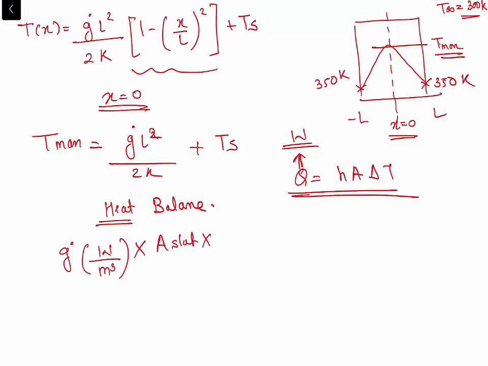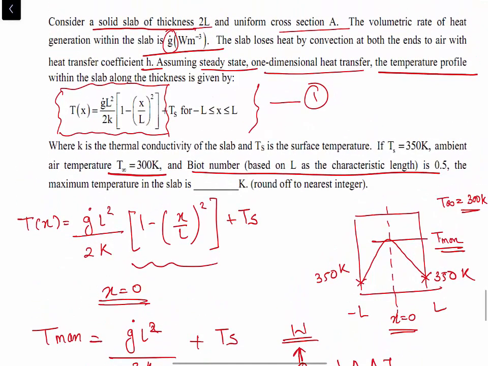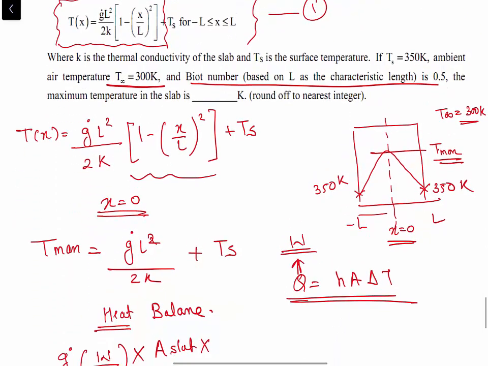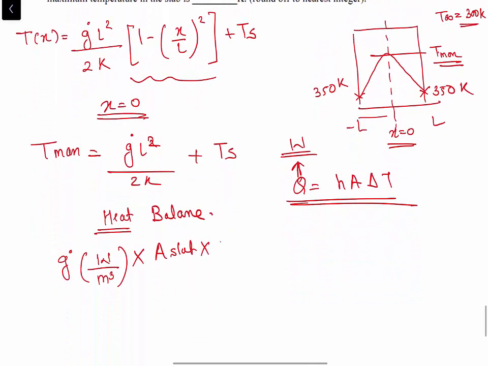How much thickness is given? Thickness given is 2L. Here it is 0 to L, and total thickness will be 2L. Here it is meter square, here it is meter, so this will be cancelled with this.